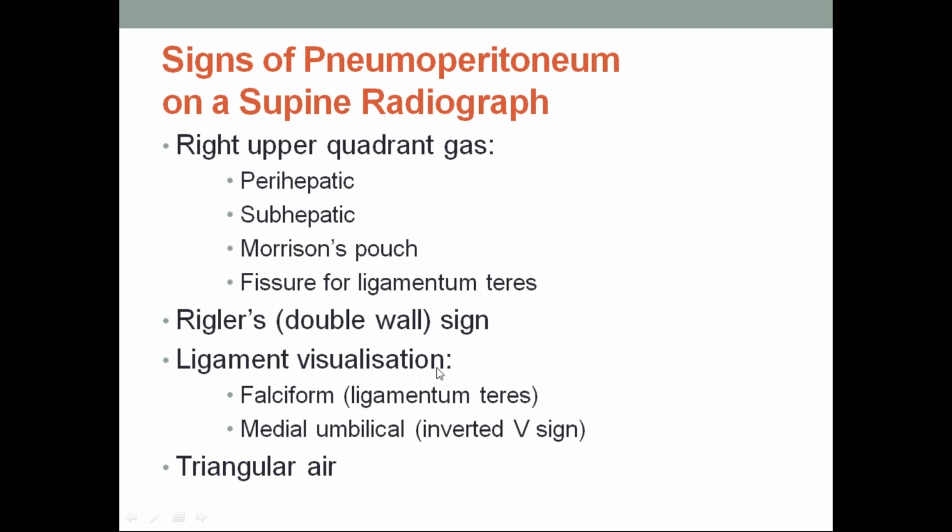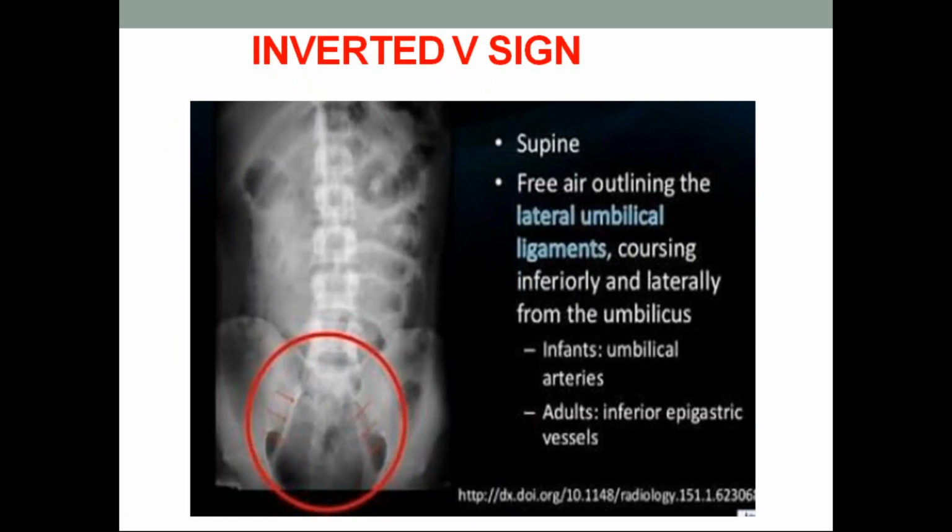During ligament visualization, sometimes they are visible, like the falciform ligament, that is the ligamentum teres, and medial umbilical ligaments. And this sign is the inverted V sign and triangular air. These are some signs we have to look for on a supine radiograph. This is the inverted V sign.